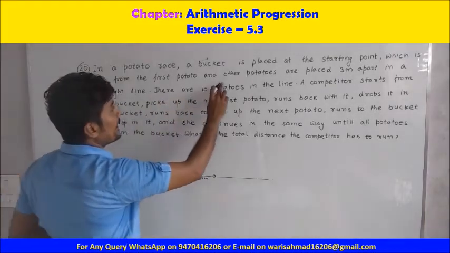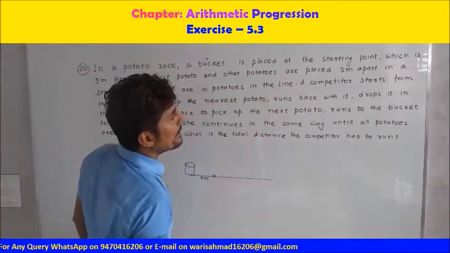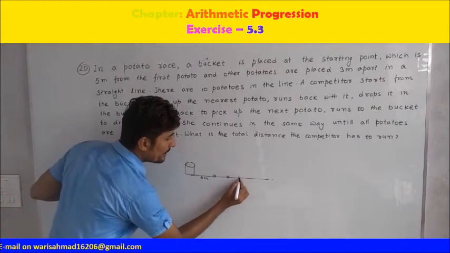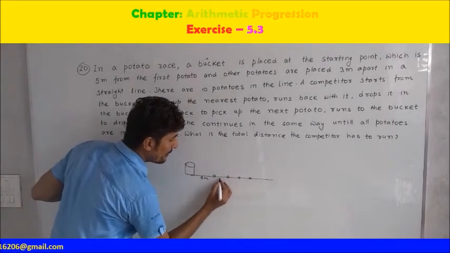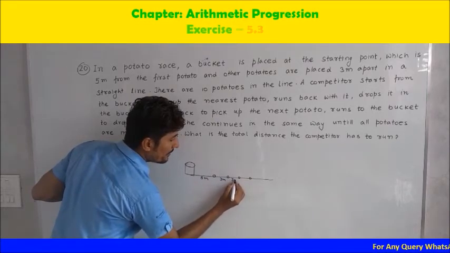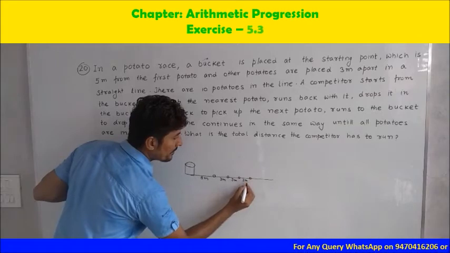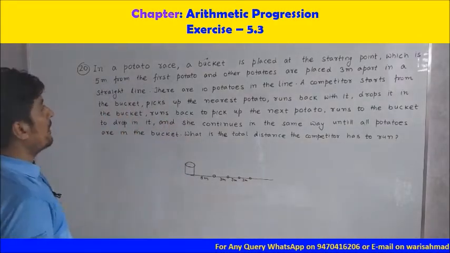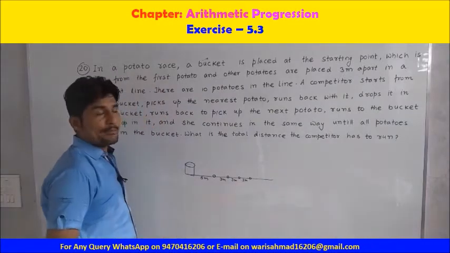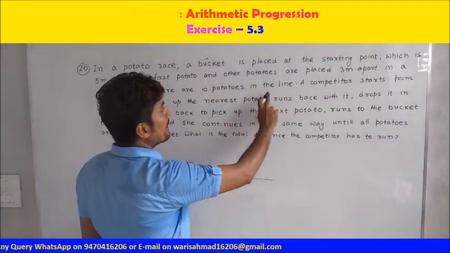Now next line, other potatoes are placed 3 meters apart, meaning the distance between these two potatoes is equal to 3 meters. Here also 3 meters, here also 3 meters. There are 10 potatoes in total in the same line.